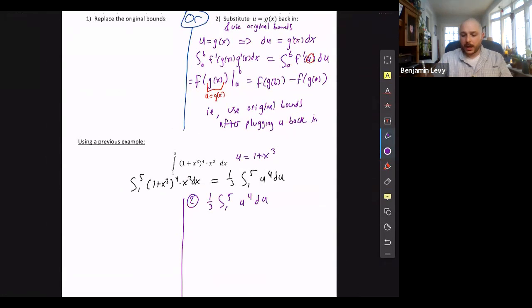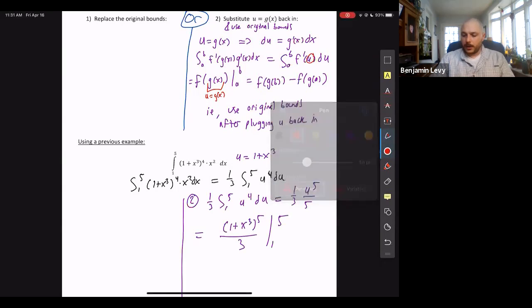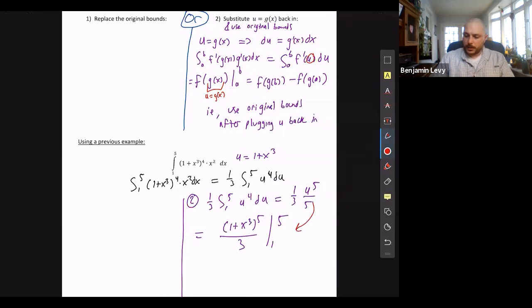And then you plug u back in, and then we just move forward, right? So you integrate u to the 5 over 5. And then before we do anything, we plug u back in. And then we plug in the numbers. So from here to here, we just plug u back in.